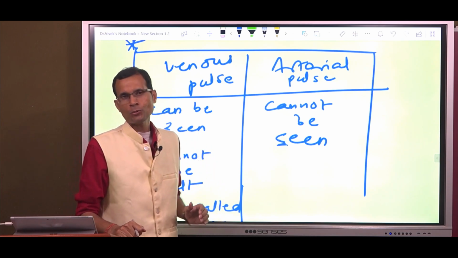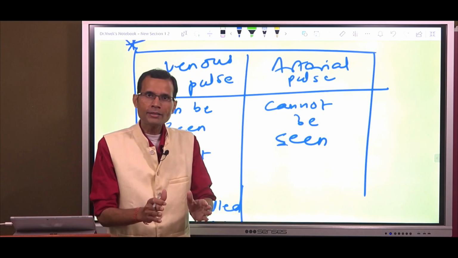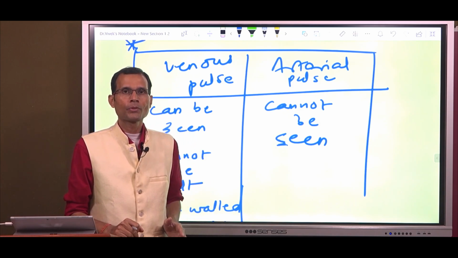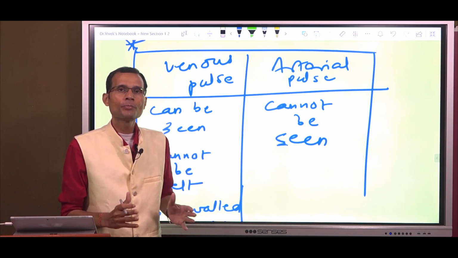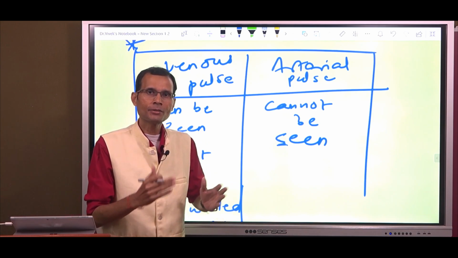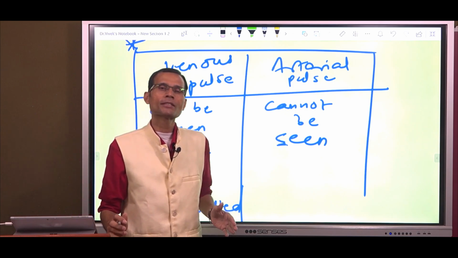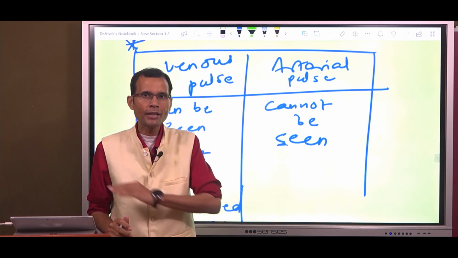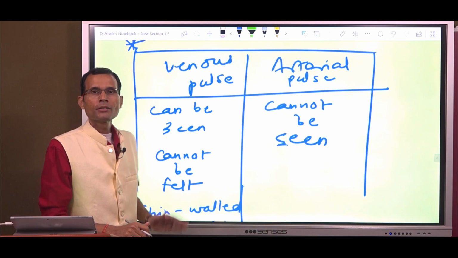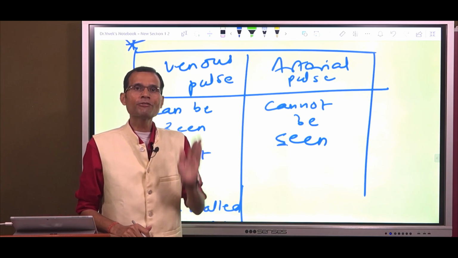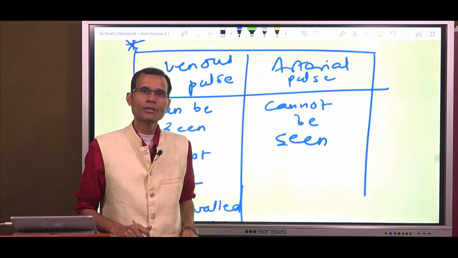Why is this so? Veins are relatively superficial, and therefore their pulsations can be seen. So if you see a pulsation in the neck, it would be the pulsation of the internal jugular vein. But those pulsations cannot be felt by the palpating finger. Why?